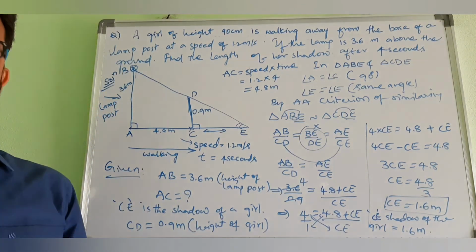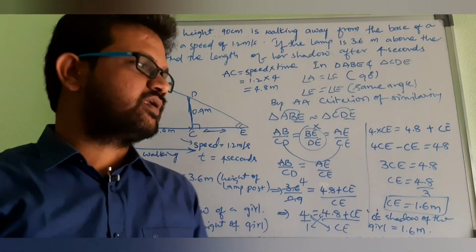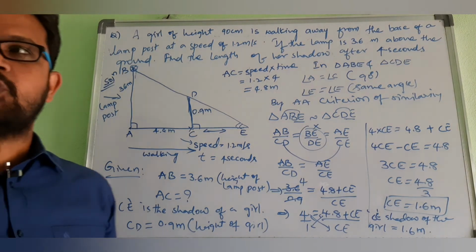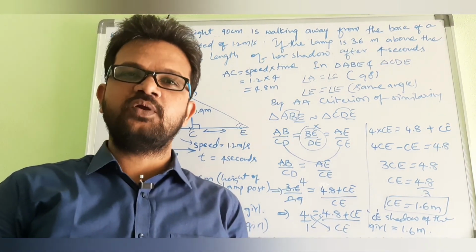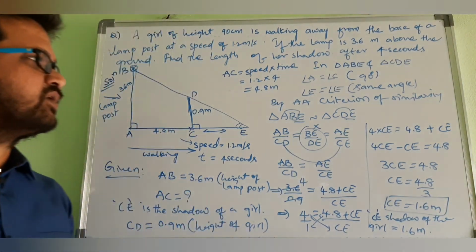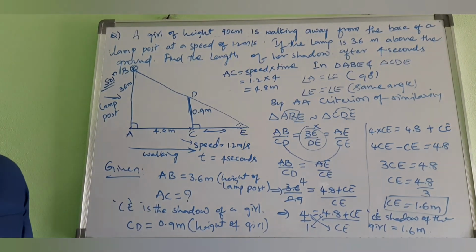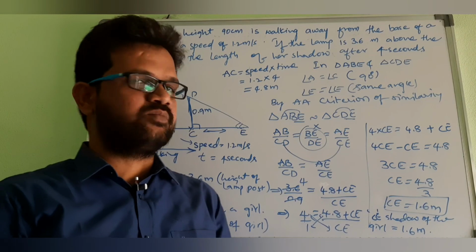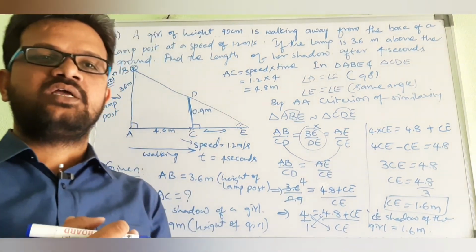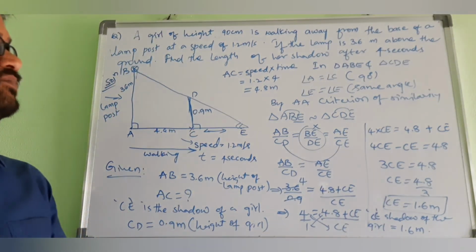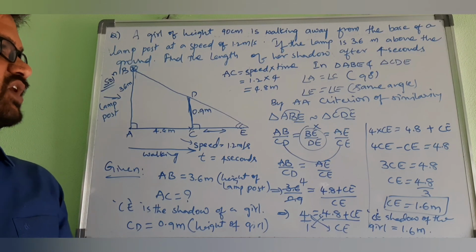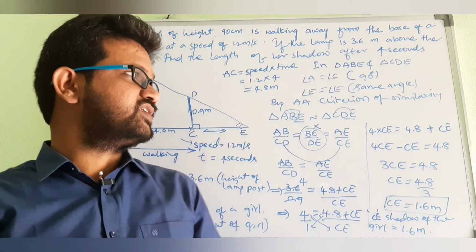Like this we can solve a number of sums. If you have any doubts in this similar triangles chapter, you can write them in the description section, and I will try to solve them. Most of the questions we covered in this chapter.